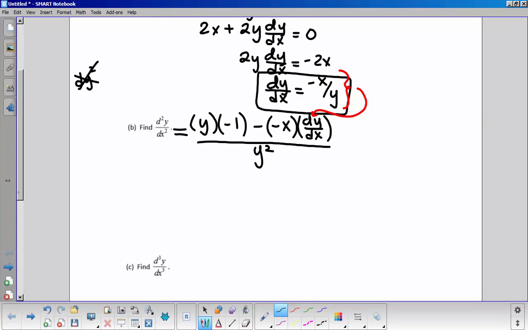Can we bring the 1 over y squared out in front, just like we brought out the 1 over ho? Because nobody in here likes double-decker fractions, and nor do I. So we bring that out in front, and then what's left? Negative y, and now this is a minus, which is a plus, and then this is x times negative x over y.